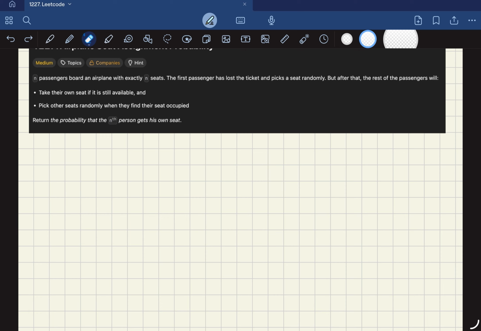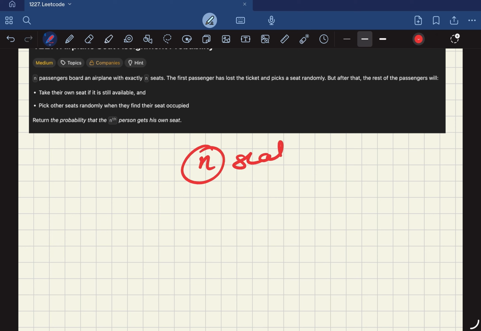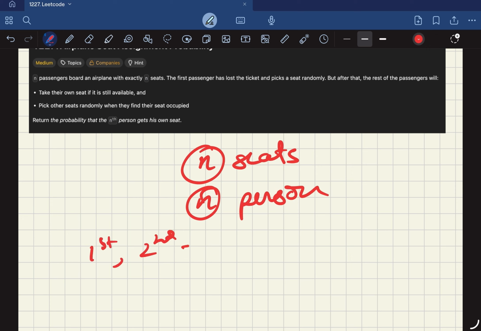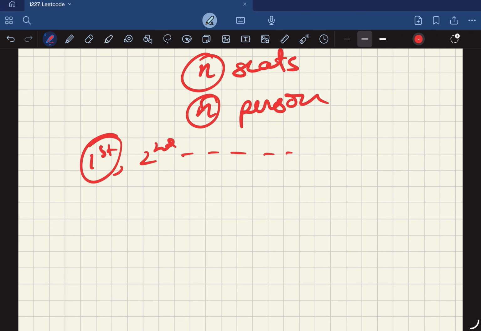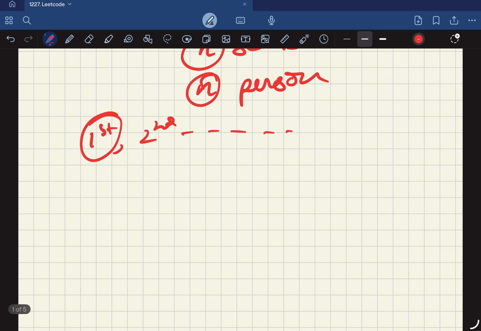Okay, so what we have so far is there are n seats and n persons. They come one by one. The first person comes, second comes, and so on, then the nth person comes. The first person will choose some random seat, as we have explained. Now let's try to understand this with an example.